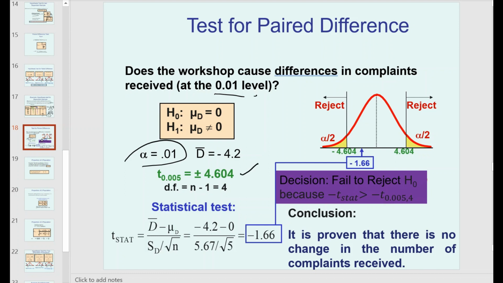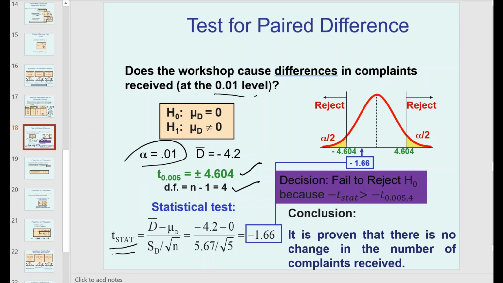This is the critical value that you get from your t table. Your degrees of freedom is n minus 1, which is 4, and your alpha is 0.01 divided by 2. You read from your t table and you should get these two values. The statistical test is something that you calculate. Again, you plug in the formula for the paired difference, which is negative 4.2 minus 0, divided by SD, the one that you calculated previously.